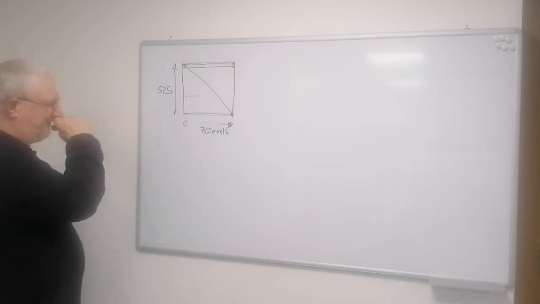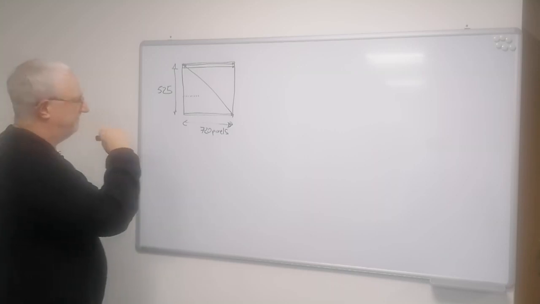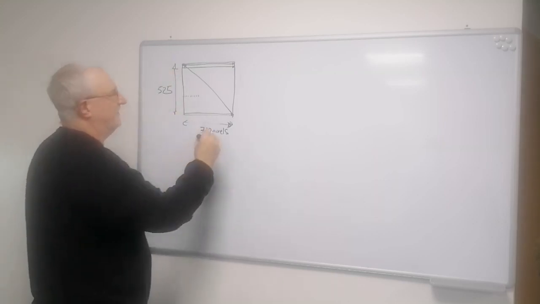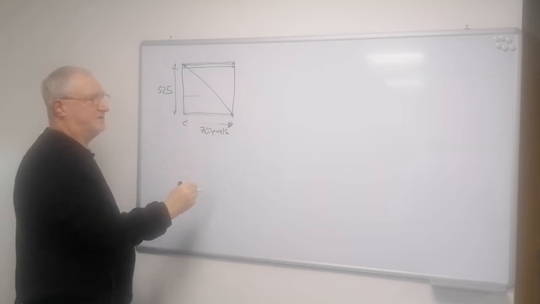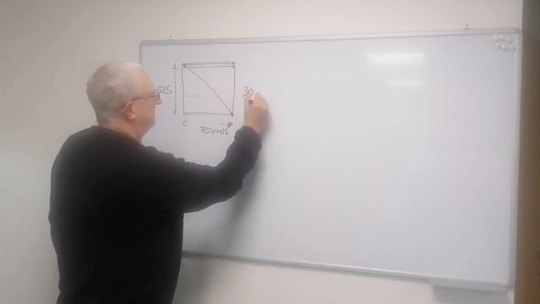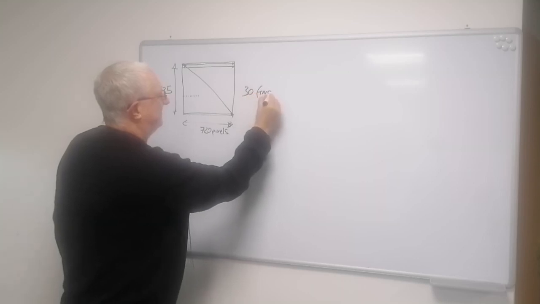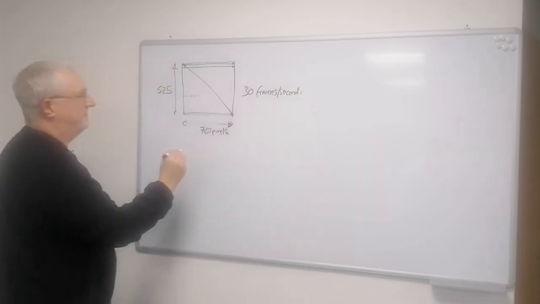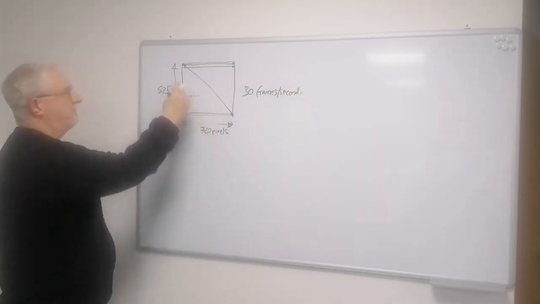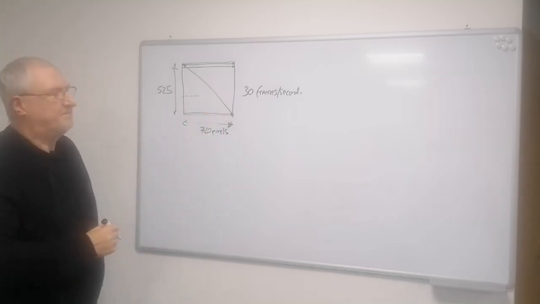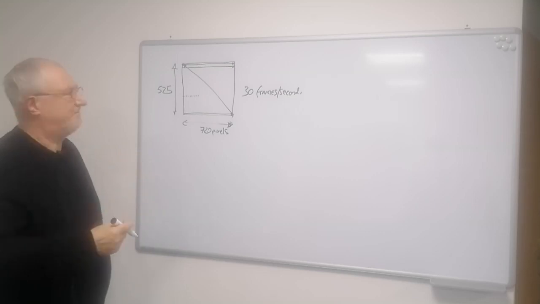If you work out this frequency, you will see that what we actually do is we scan those 525 lines over a period of 30 frames per second. And a frame is one complete scan of 525 lines. So we do that 30 times a second.